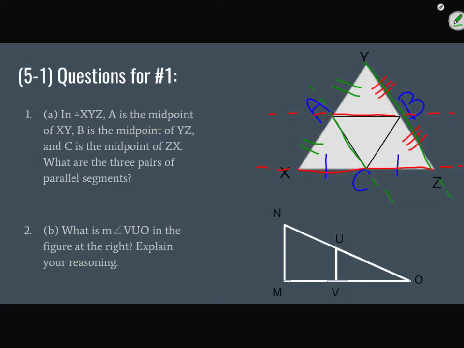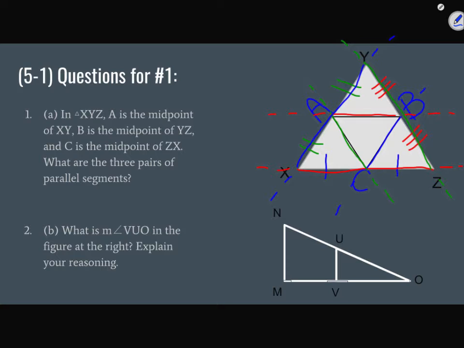And then we have one more parallel segment to go. Then we have EC is congruent to XY.